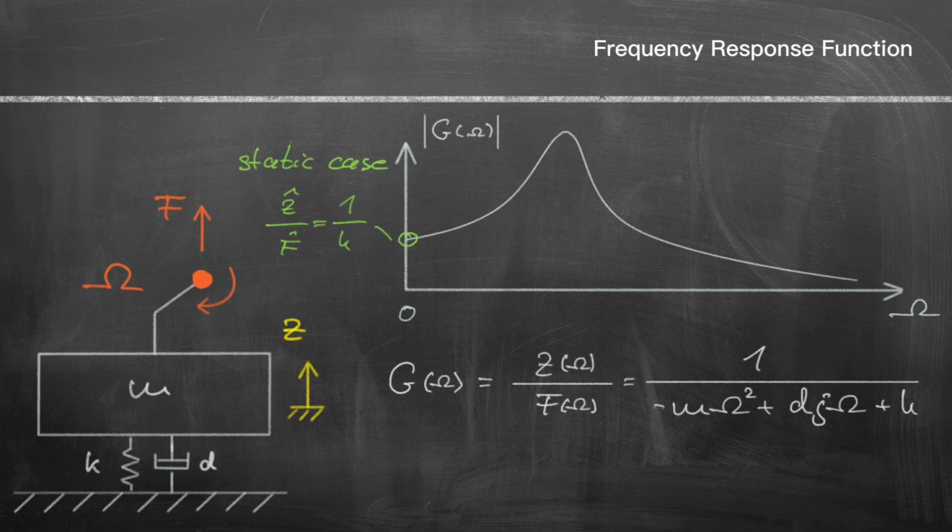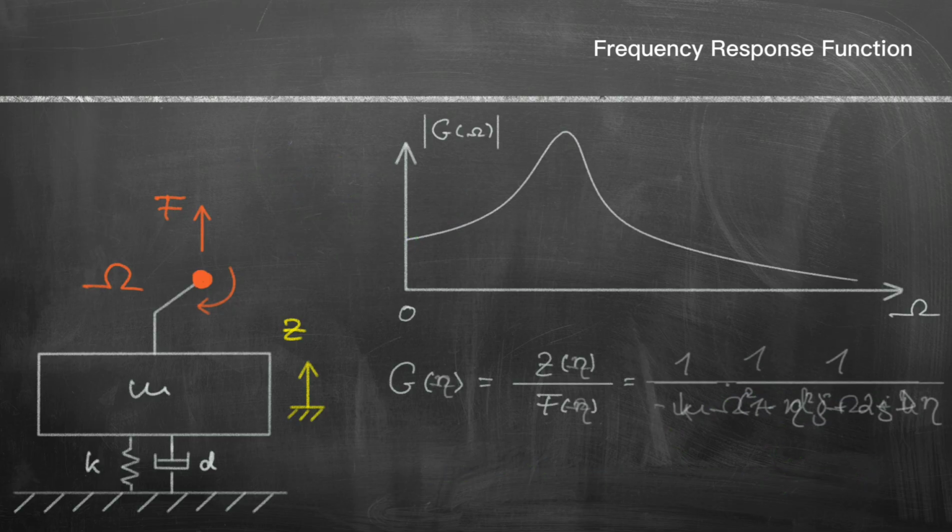Now let us interpret the whole frequency response function mathematically in a different way once again. For capital omega equals 0, only 1 divided by k remains. The system response is then the transfer function multiplied by the input signal, so z is equal to 1 divided by k times F.